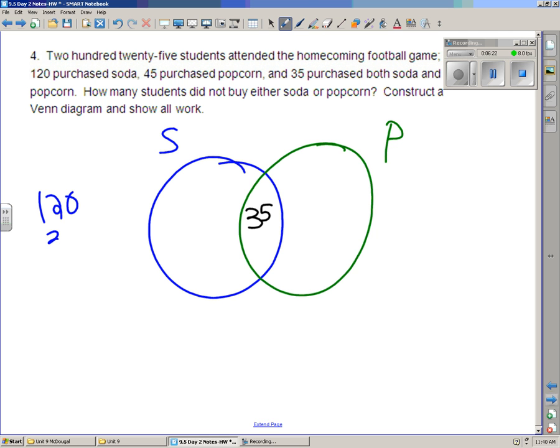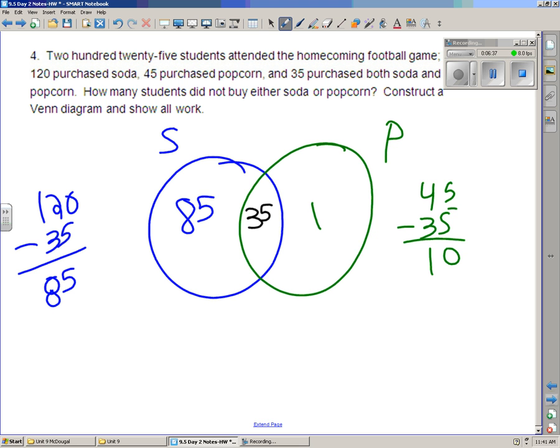So if I take the 120 minus the 35 that I have already, that gives me 85. For the popcorn, I know that there was 45 with popcorn, but 35 have already been included, which means there's 10 people that get only popcorn. Now all I have to do is say, what's 85 plus 35 plus 10?